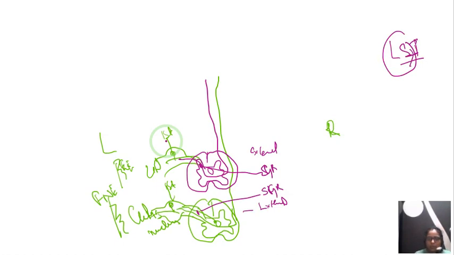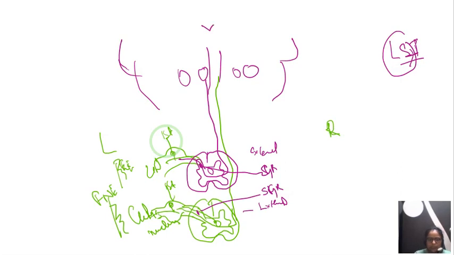So the same, we have the medulla, then pons. Here the pyramids and olives, and we have the midbrain here. Cerebral aqueduct. Wait, I'll draw a little lower because I have to draw the thalamus also.